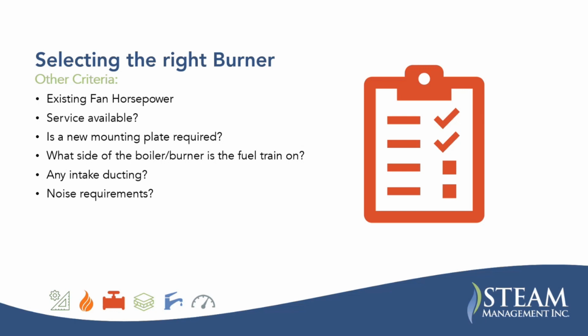Sometimes new burners will have a higher horsepower than older burners because they might have more pressure drop across the burner that the fan has to overcome. So you might even have a situation where you spec a burner with a VFD and it actually has higher horsepower, and so your electrical demand goes up. So that needs to be paid attention to.